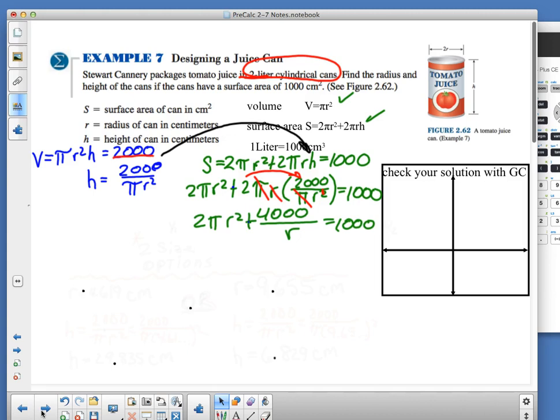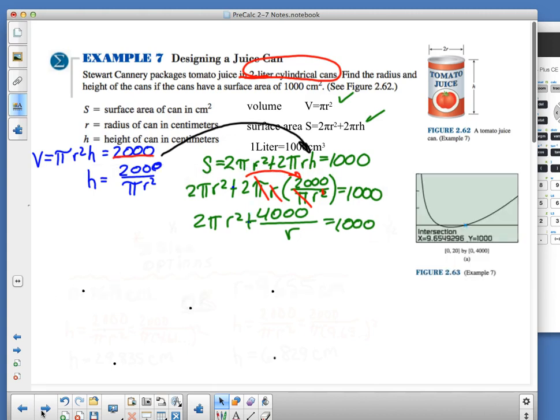My setup on this is going to look like this. I'm going to put it in my graphing calculator, and I'm going to highlight this in blue for a second so you can see which function is which. This is y1. That's this equation right here coming across.